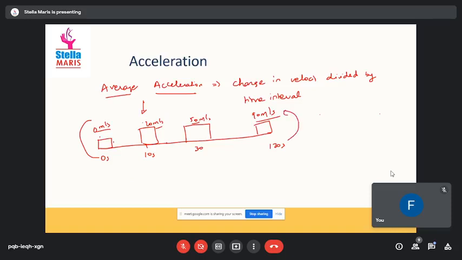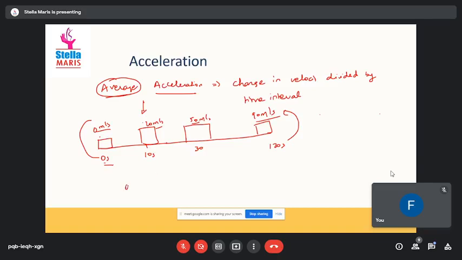While we are calculating the change in velocity over this time interval, we call it average acceleration.